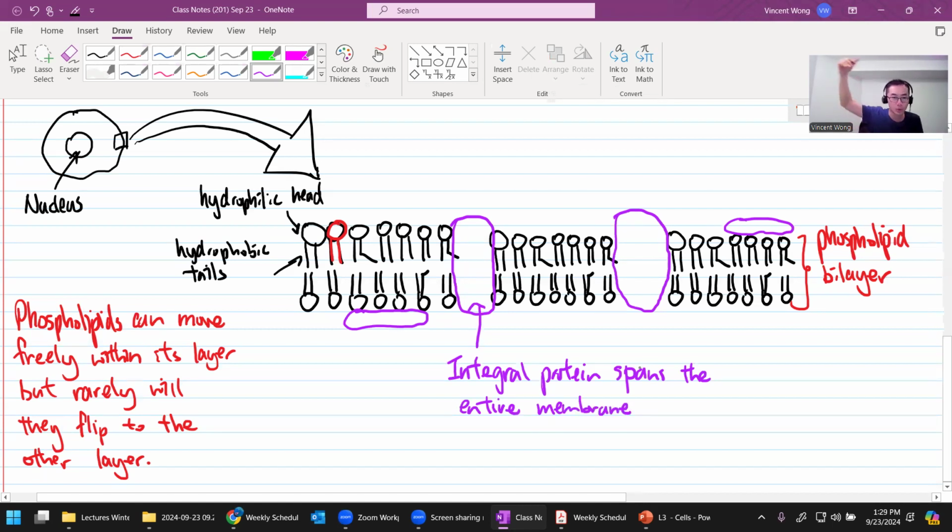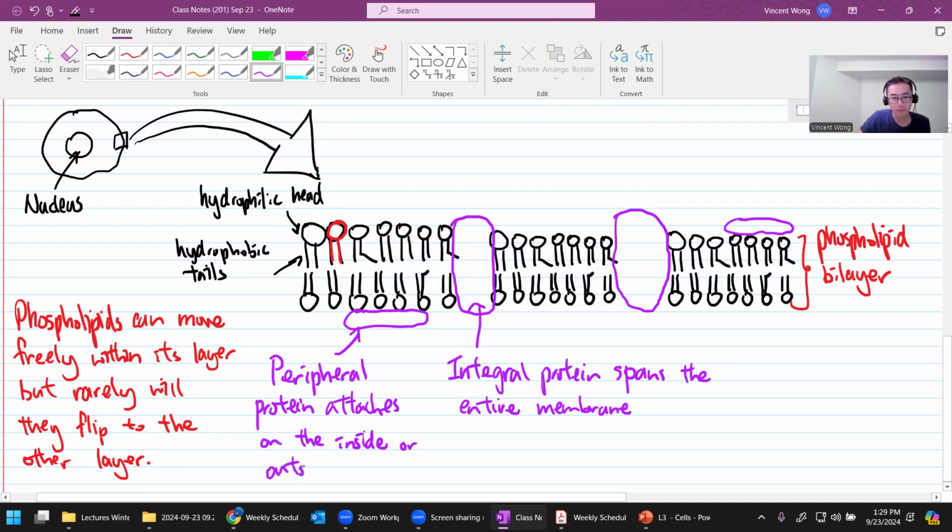It goes through it. Whereas these that are just stuck on either the inside or outside, we call them peripheral protein. Outside is also called peripheral. The difference between the integral and the peripheral is whether it is just on one side or goes all the way through.